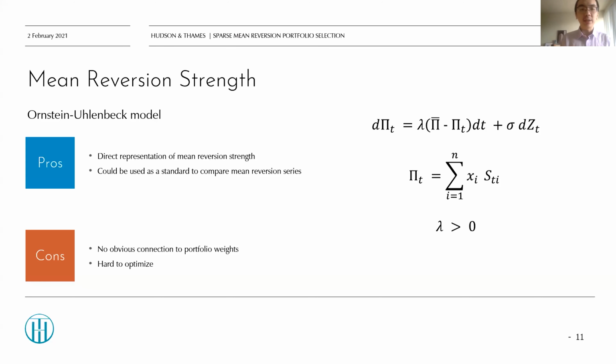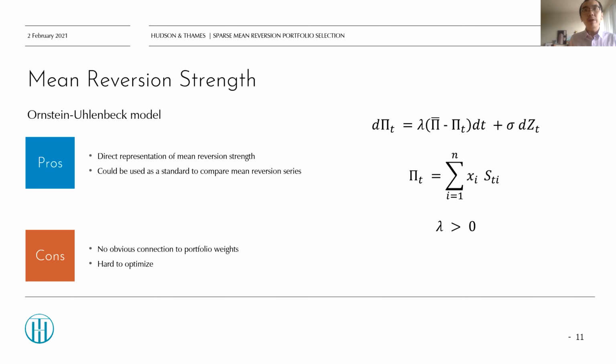So lambda is the mean reversion speed, and you can derive the mean reversion half-life by dividing the logarithm of 2 by the mean reversion speed. The advantage of using the Ornstein-Uhlenbeck model is we can use the mean reversion speed as a standard to compare mean reversion series.